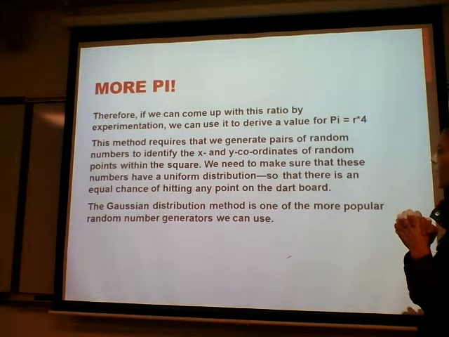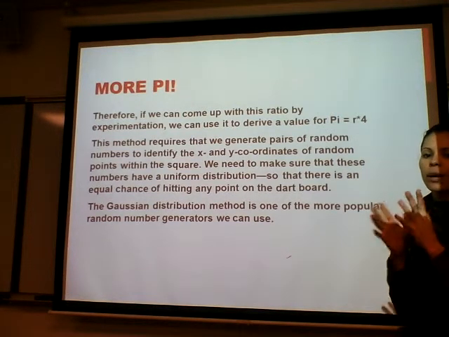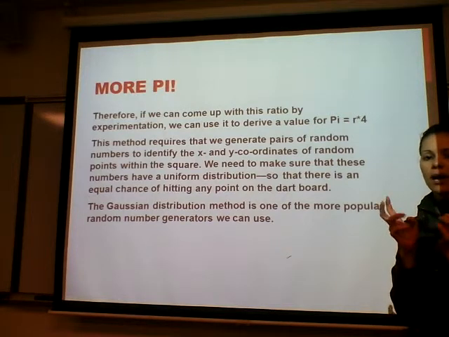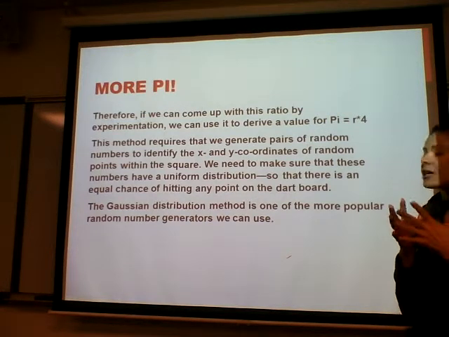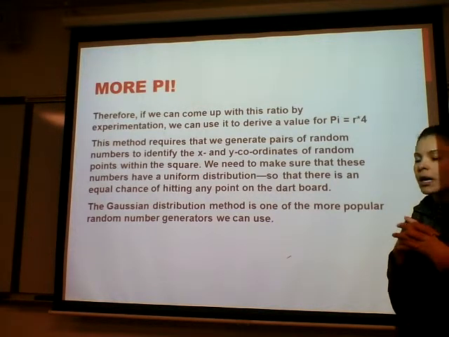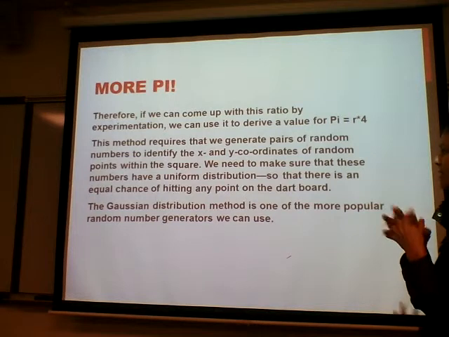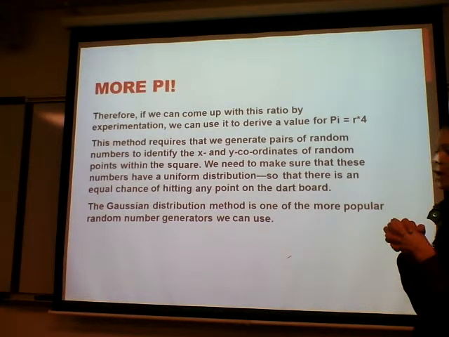The method requires that we generate pairs of random numbers. So this goes back to finding out where the figurative darts are being thrown, or where your simulation is happening. You would need a random number generator to make sure that these numbers have a uniform distribution, and that there's an equal chance of hitting any point on the dartboard.